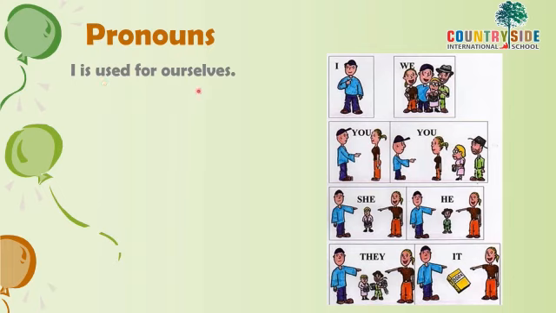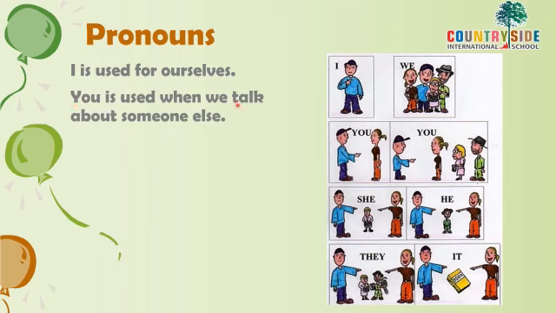I is used for ourselves. When we talk about ourselves, we use the word I. For example, if I am saying, my name is Arti. I am a teacher. So for myself, I will use the word I.